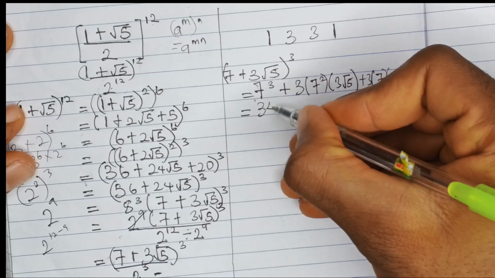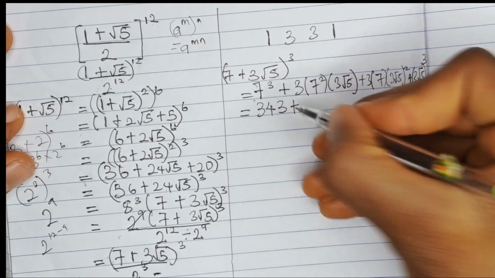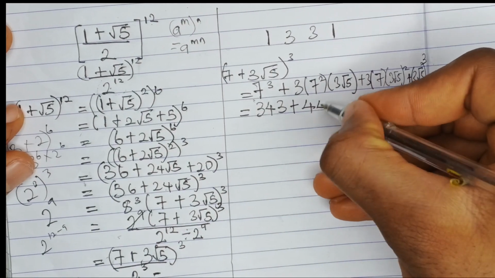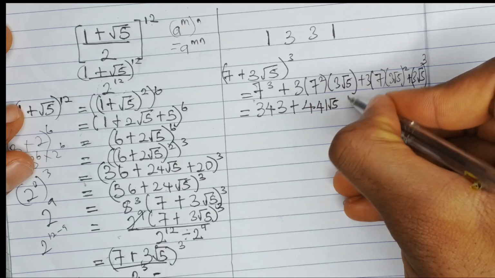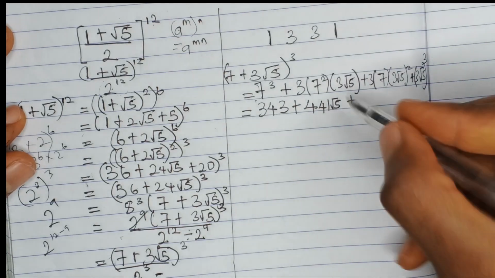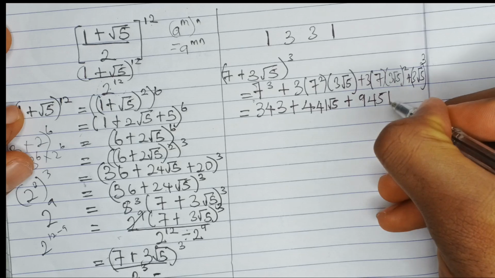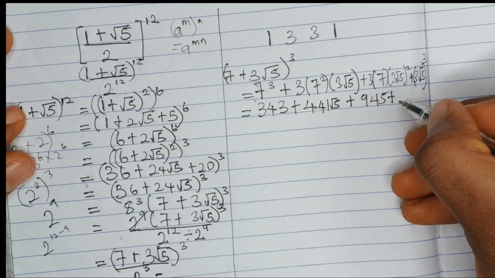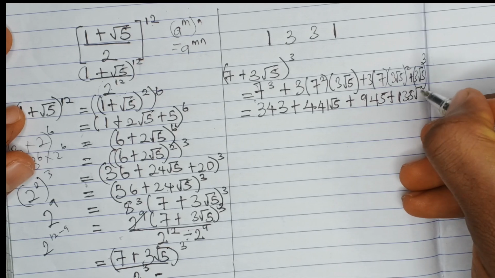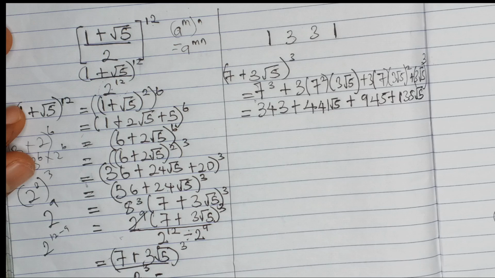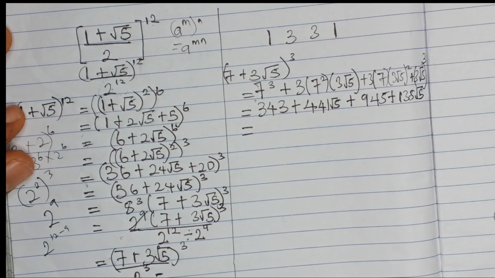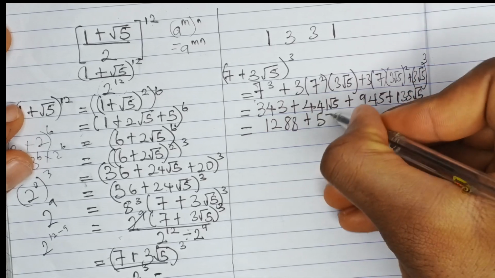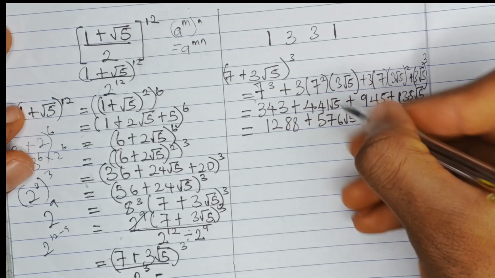So we write here 343 plus this times this is 441 root 5, plus this times this is 945, plus this multiplying itself 3 times is 135 root 5. Now, if you sum all this, you get 1288 plus 576 root 5, just by adding this.